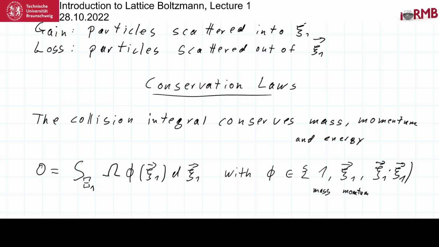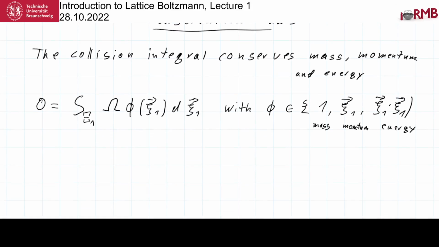If I multiply the collision operator by the first microscopic velocity and integrate everything, I get the momentum change of the collision operator. It has no momentum change, so it has to be 0. If I integrate with velocity squared, I have the energy, it does not change energy, yeah? So it must be 0. So this is how I express the conservation laws in the collision operator.